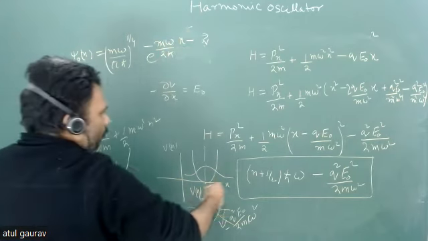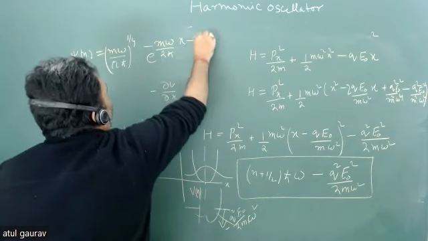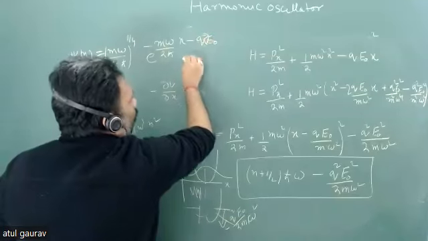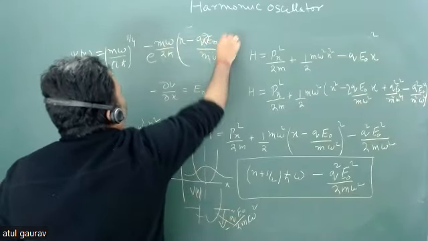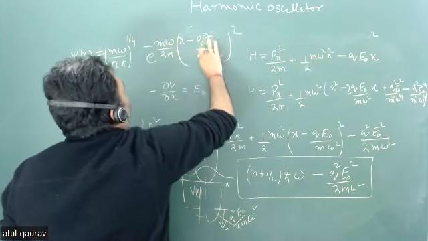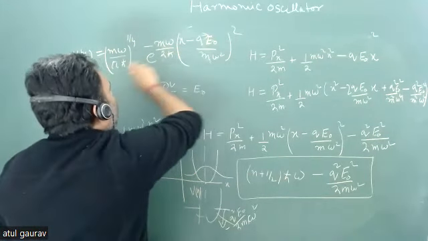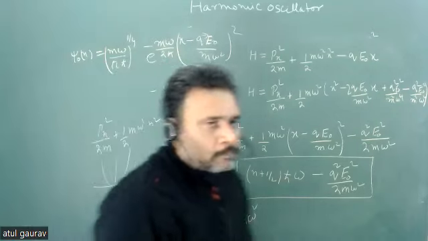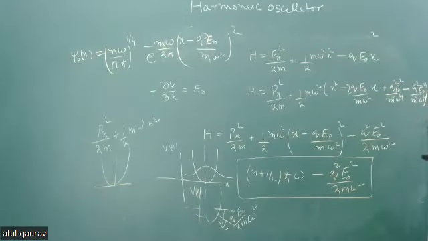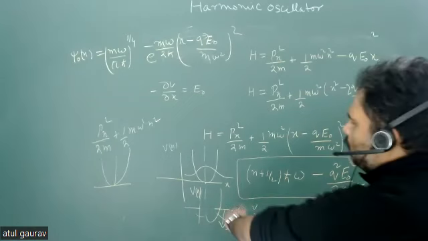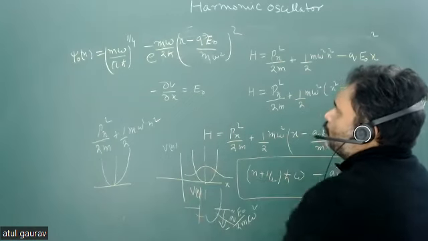X minus q E naught upon m omega square, whole square. Very good. है ना? This will be your answer. Clear है ये? Leave it this one. I am just talking about this one.